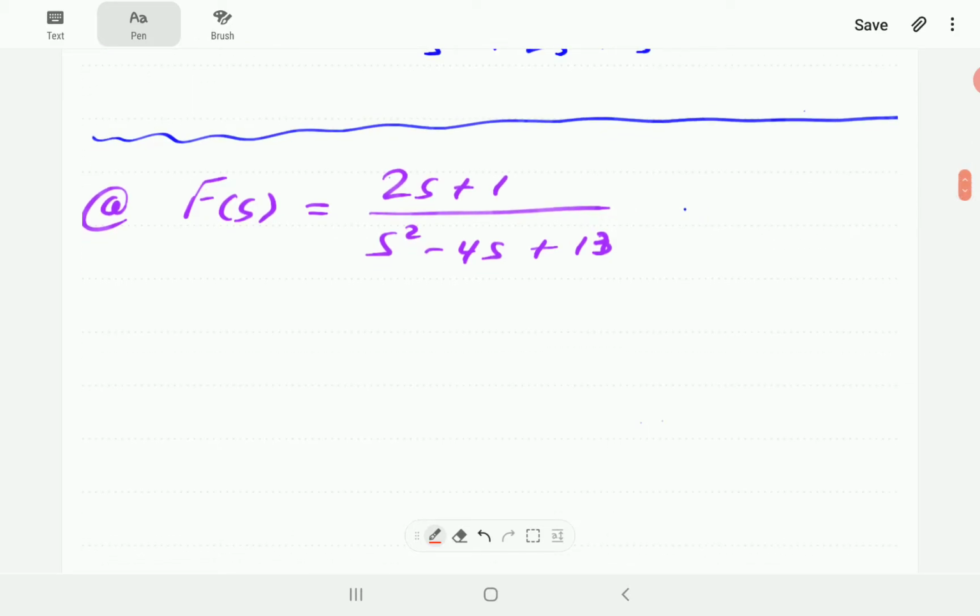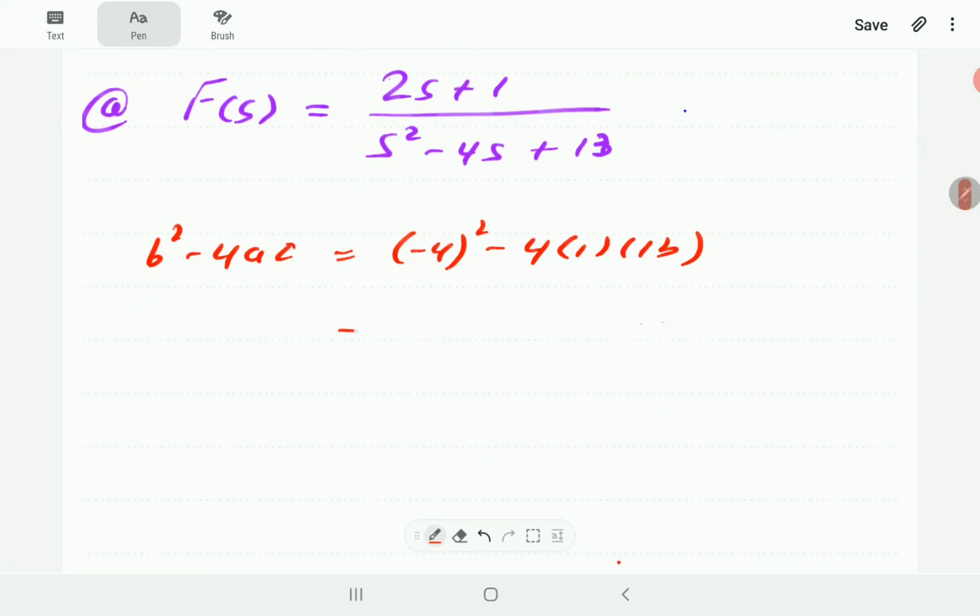If you try to factorize this, it is not going to yield any fruitful results. Just to be sure, if you can't find factors, you work out b squared minus 4ac, which is the discriminant, and if that is negative, then you know that the quadratic cannot be factorized.